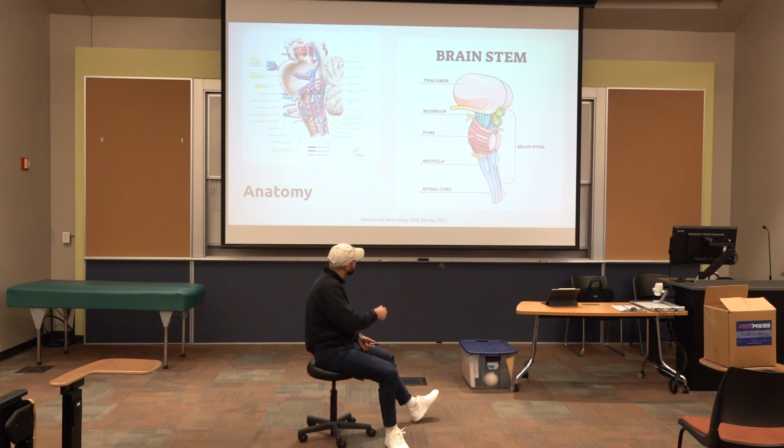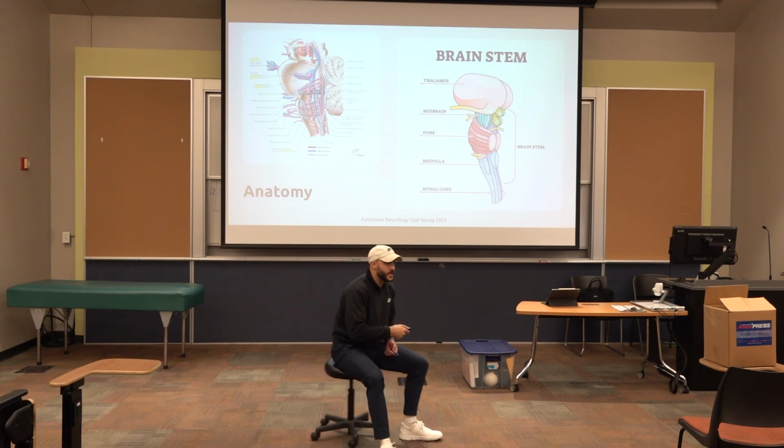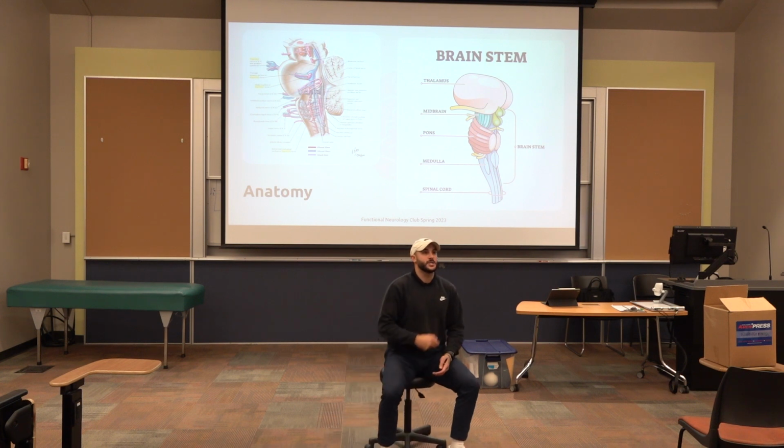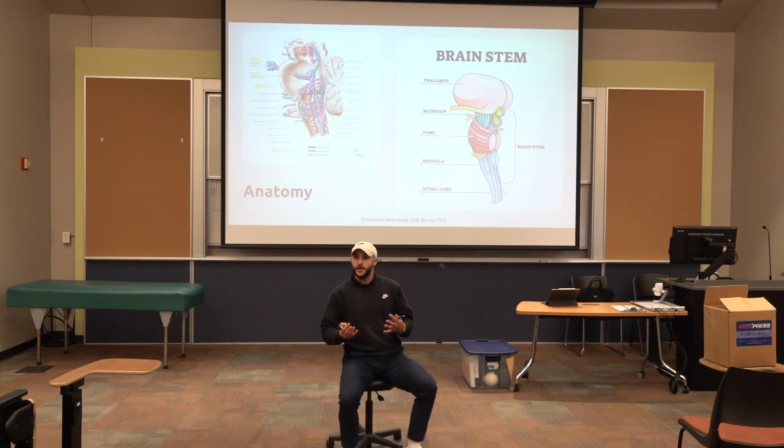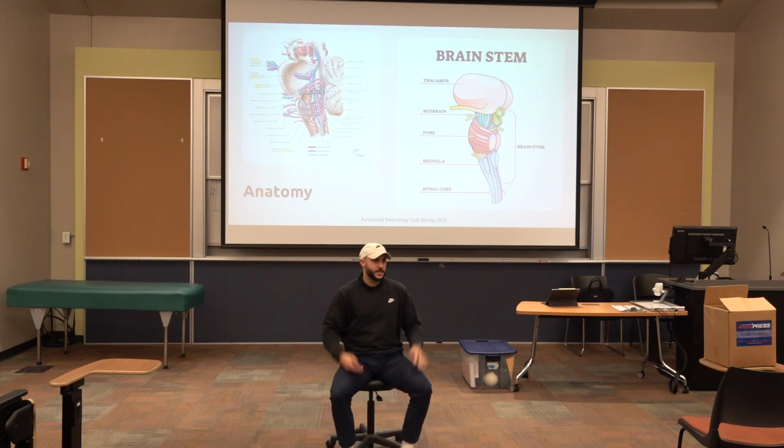If I activate this part of my brainstem, the ponto-medullary reticular formation, or PMRF, which inhibits all midbrain activity, so our sympathetic centers. So if you activate the PMRF, you're going to bring down the sympathetic center.